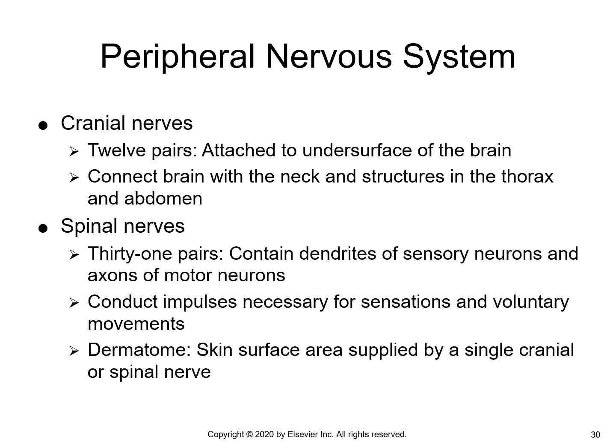Spinal nerves, 31 pairs, consist of dendrites of sensory neurons and axons of motor neurons. So all those neurons and axons are coming forth to all these structured systems. They conduct impulses necessary for sensation and voluntary movements. A dermatome is the skin surface area supplied by a single cranial or spinal nerve.